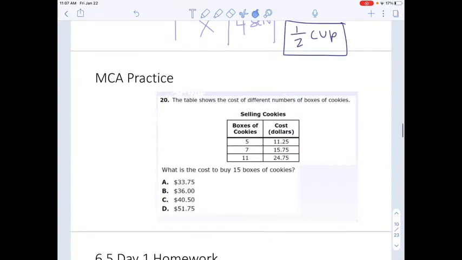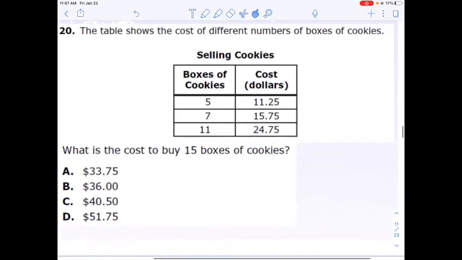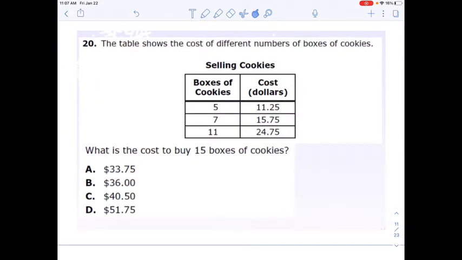Okay, the next problem, this chart that we have, it says the table shows the cost of different numbers of boxes of cookies. What is the cost to buy 15 boxes of cookies? Okay, there's so many different ways we could do this. We could find the unit rate and multiply that by 15. We could set up an equation using cross products. I'm going to do unit rate. So I'm going to figure out how much 1 box of cookies costs.